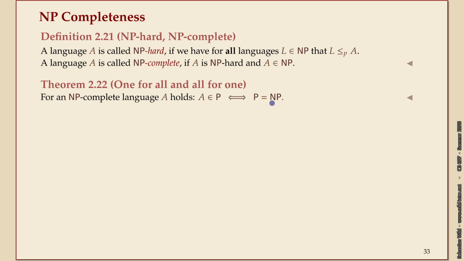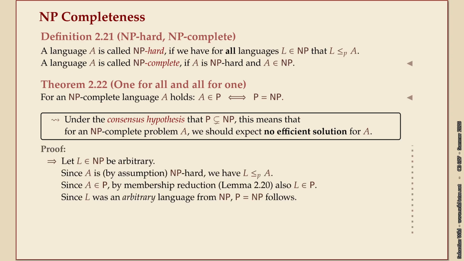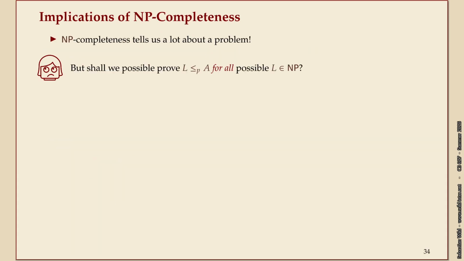All of the other problems also have a polynomial time algorithm. And because we believe that that's not the case, we shouldn't expect to find an efficient solution for an NP-complete problem. Again, I'm going to skip this proof. It's not hard to do. And instead, I want to show briefly an example of a reduction.